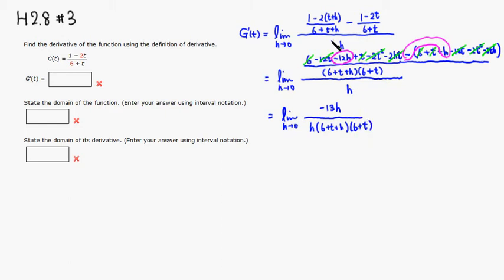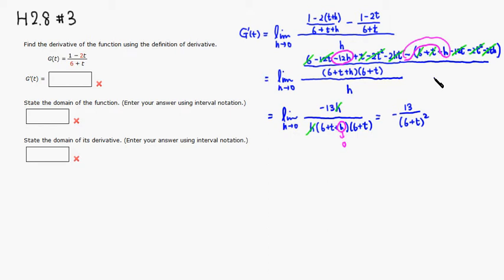Then you can cancel h on top and h on the bottom. Then we send h to 0. So what we get is negative 13 over 6 plus t times 6 plus t, so 6 plus t squared.